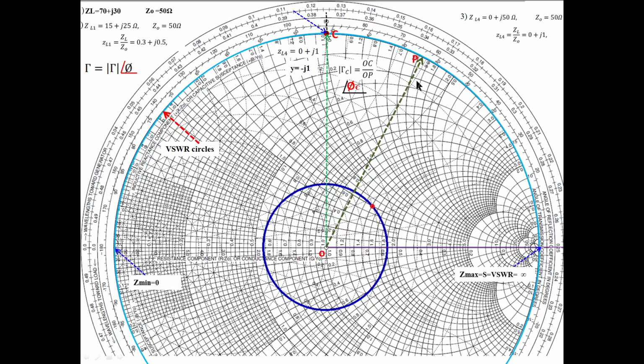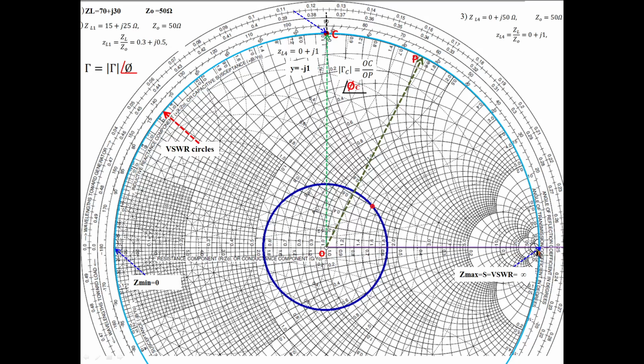As the value increases, it intersects somewhere here. The infinite circle is here. R is equal to infinity, and VSWR is also infinity at this position. R is equal to 0 here, but R is equal to infinity at this position. Don't confuse R equal to 0 circle and the infinity circle.